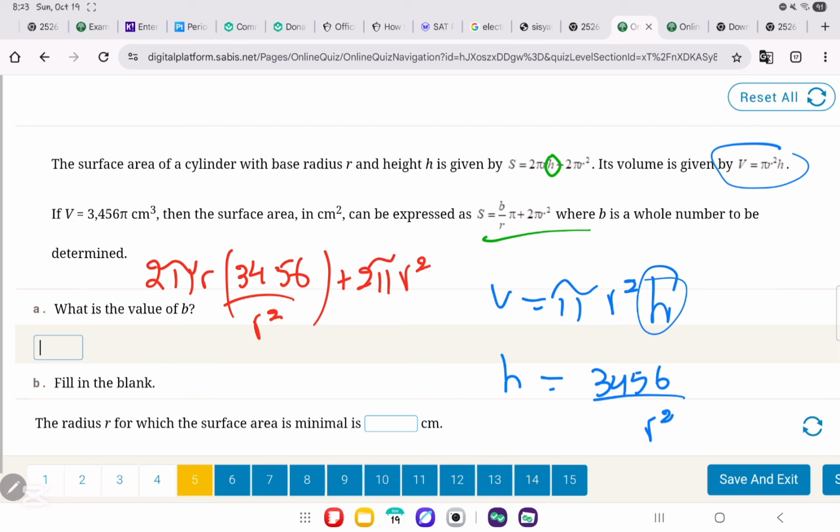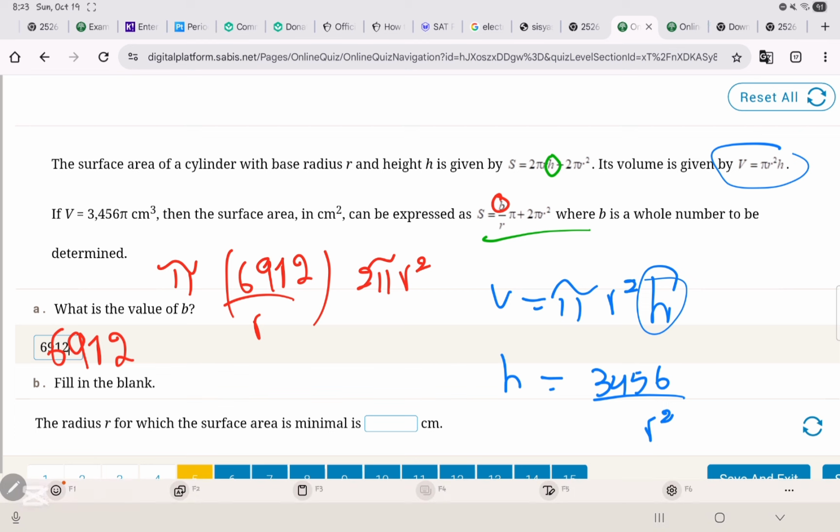Now this and this will cancel. Then 2 times 3456, that's going to be 6912. So very simply, the value of b is 6912. Okay, so over here we have it to be 6912.